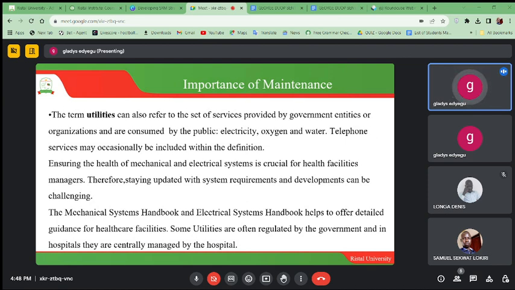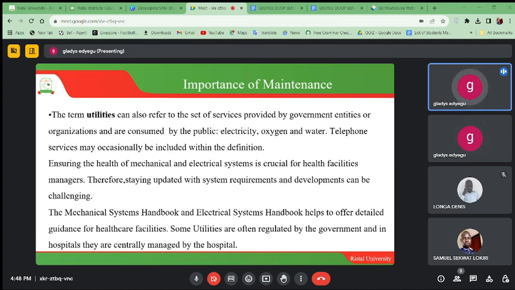And you realize that the water and the power are basically provided by the government, whereby the hospital has to pay for the consumption of water and power in their different facilities. So we find these utilities also in other organizations besides hospitals. So it is very important that the government provides these utilities in those various sectors.